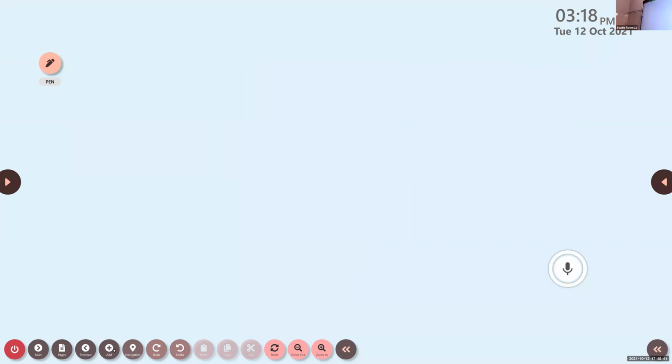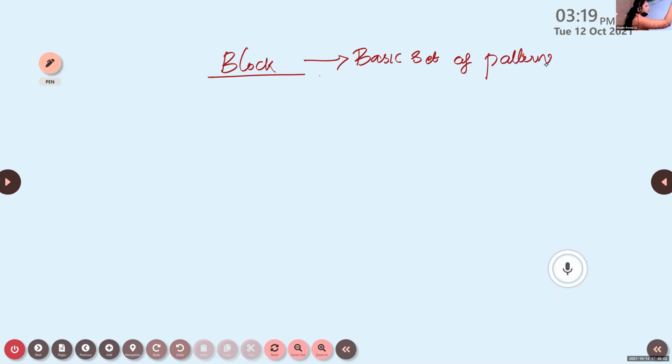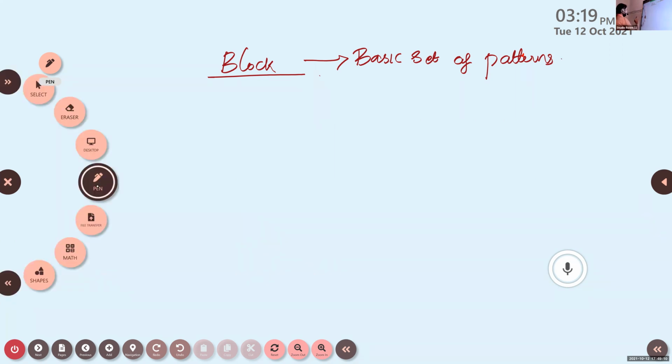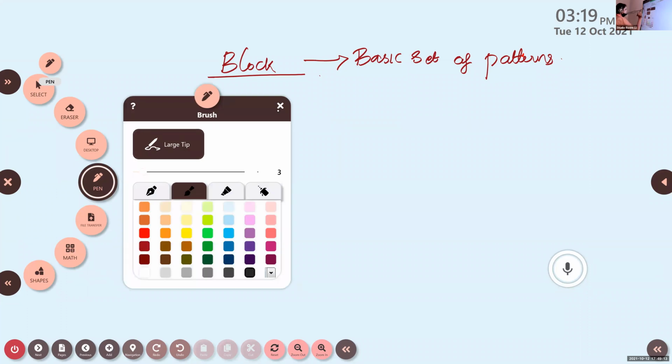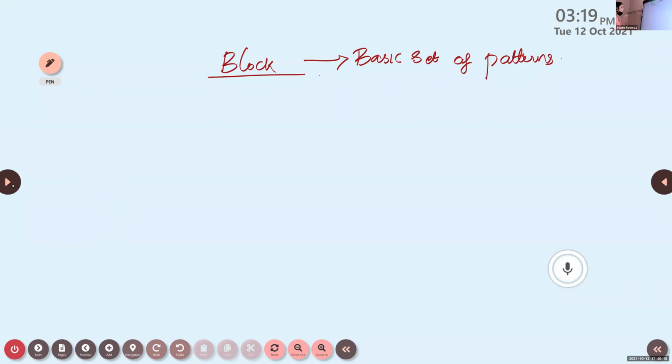Okay. Now we have a plain page. So now let's talk about block. You know what a block is, right? The basic set of patterns. Now let's see what all information will be there on a block or a sloper.